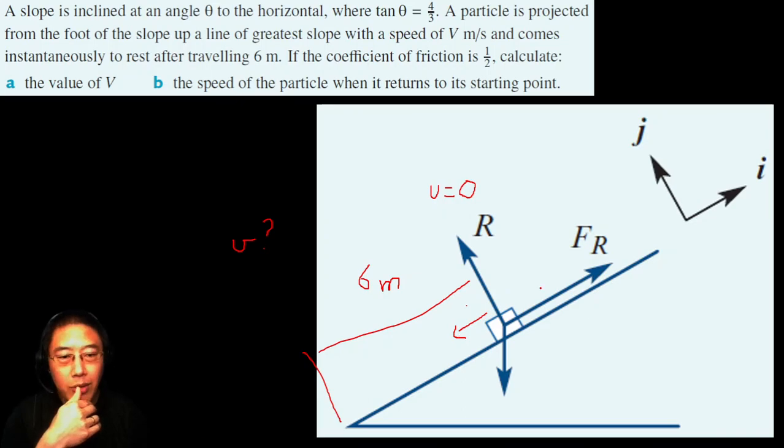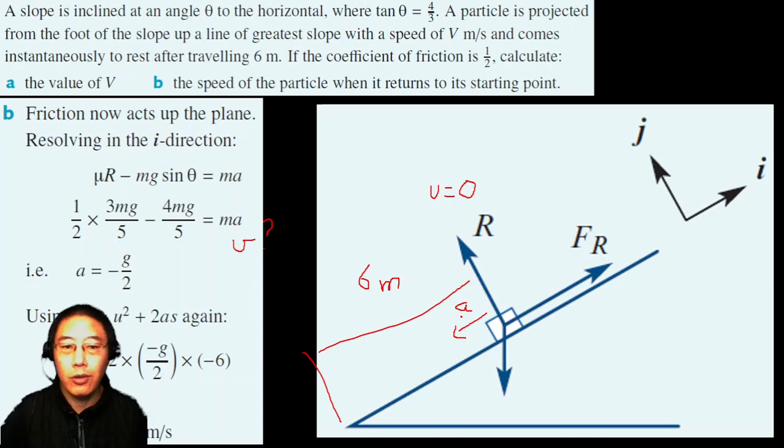Just stick with the convention when you don't know the value. Wait, hang on, the friction force is that way, so the acceleration has to go downwards. All right, and I was wrong. Okay, so it's a variable, it's unknown, just keep it going in the same direction of i. Again, make sure the friction force is going in the opposite direction of the motion.